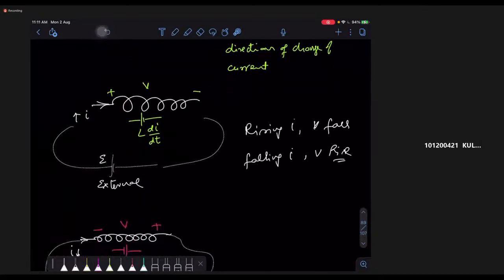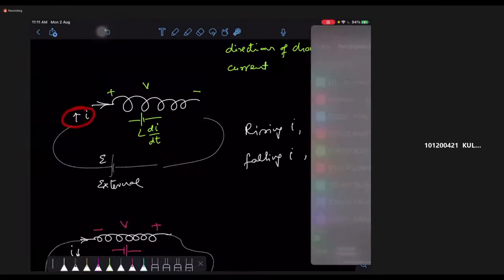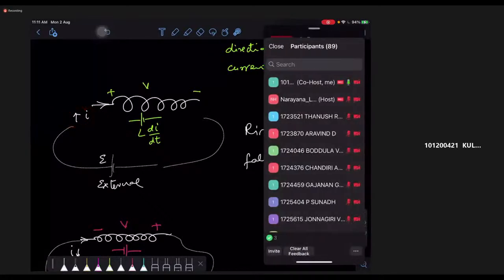So regarding the sign, to understand the sign I told you, suppose you want to increase the current, right? Now this current increase is going to be opposed by the inductor. So when it is opposing, it will create the EMF here, and this EMF creates a potential in the circuit.